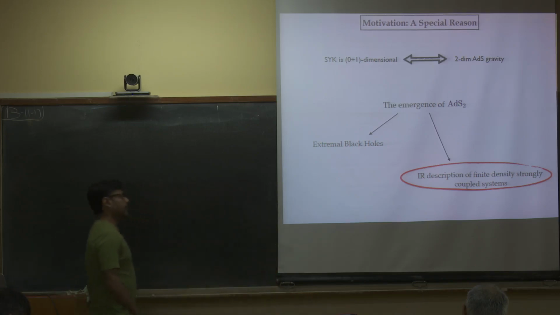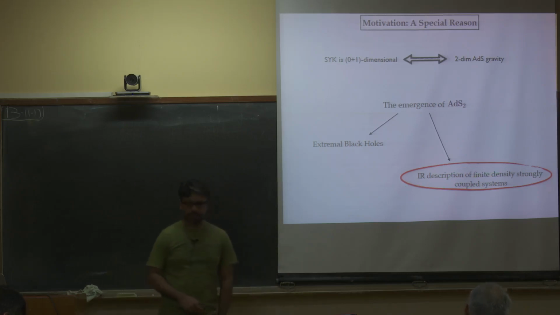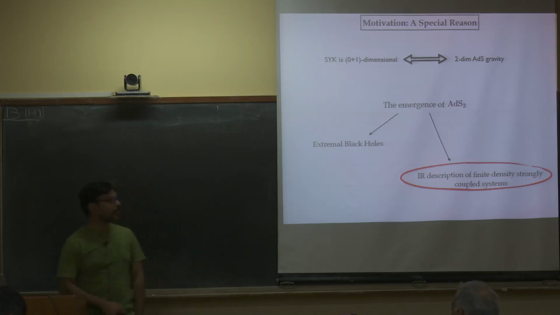The other one, which I will use more for my motivation, is that if you want to talk, in the standard AdS/CFT context, about some infrared description of a finite density system which is strongly coupled, there you do see an AdS2 emerge.